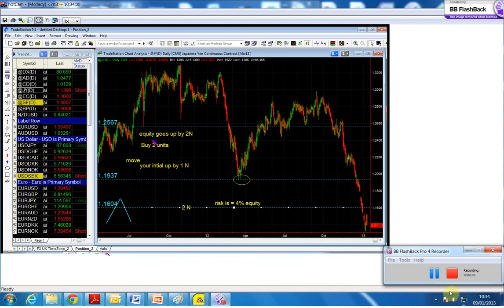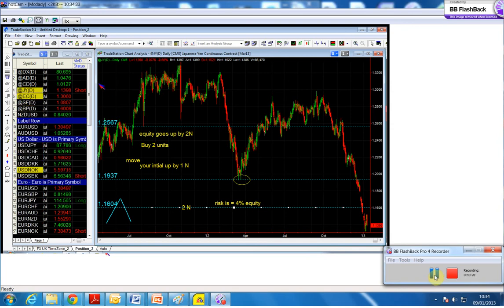Okay, we have a spreadsheet also for the pyramiding. You put in your position, it calculates your equity, and it will tell you now you can add the 2% and move your stop to this point.